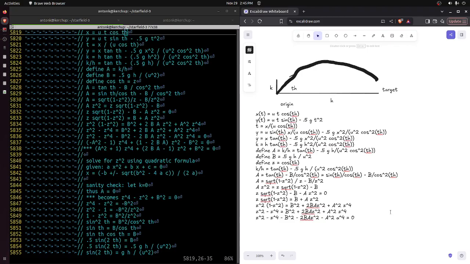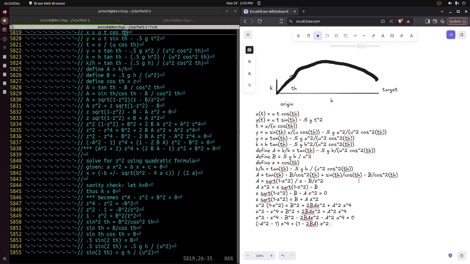Okay, I think we're over here now. So now if we combine all the z to the fourth terms, we get minus (a squared plus 1) times z to the fourth, plus, let's see, plus (1 minus 2ba) times z squared.